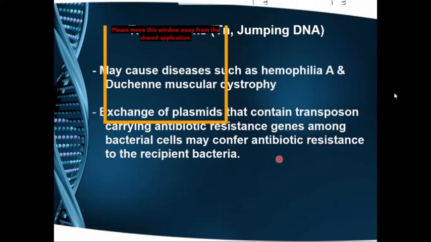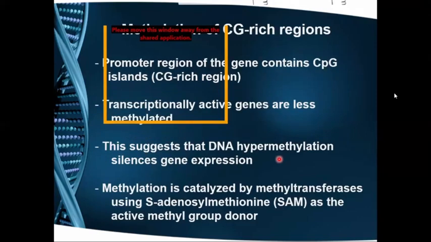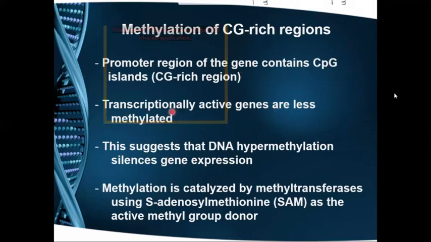And that ends our lecture. Okay? Last, methylation silences the gene. So transcriptionally active genes are less methylated. Okay? Transcriptionally active genes are present in the active chromatin.